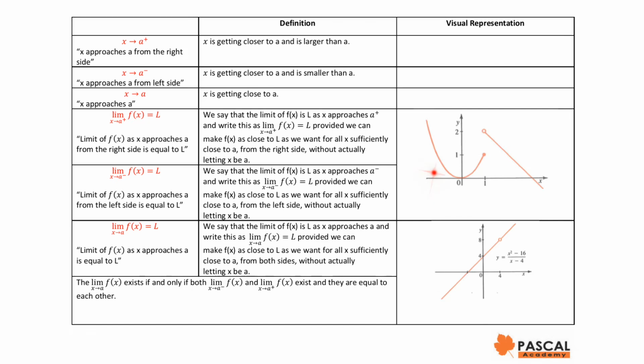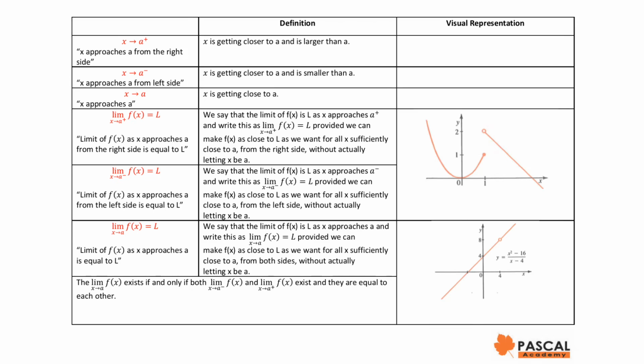For example, the function here: when x approaches 1 from the right side, the limit of f of x is 2, and if x approaches 1 from the left side, the limit of f of x is 1.